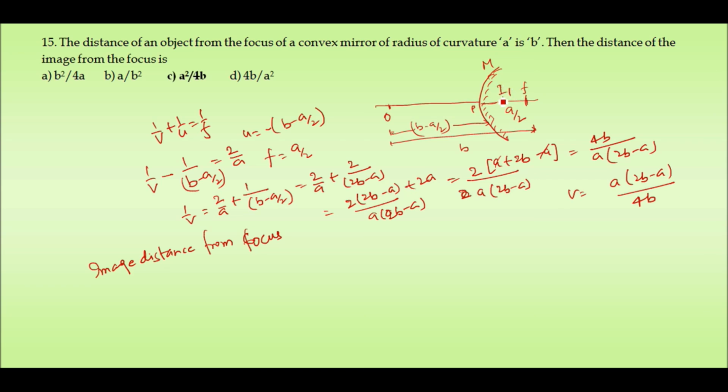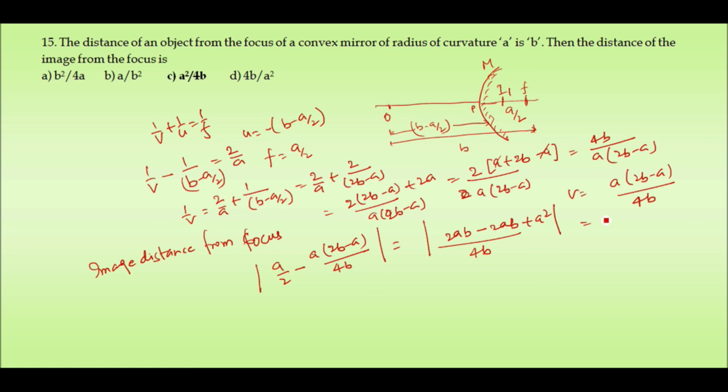So suppose this is the point of image, we call it I1, then image distance from focus is equal to a by 2 minus a into (2b minus a) divided by 4b, and if I take 4b common, it is equal to (2ab minus 2ab plus a squared).